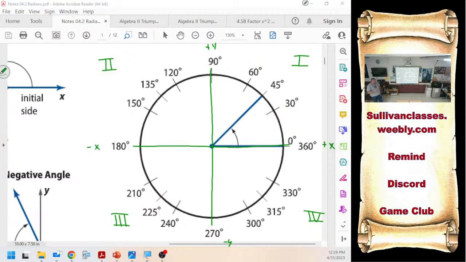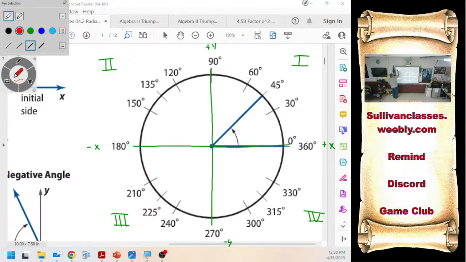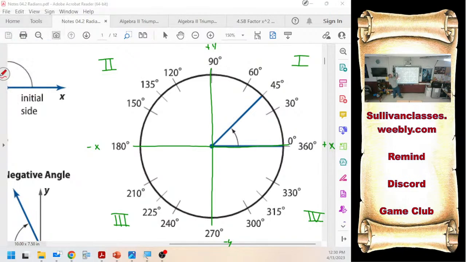It bothers some kids. There was a big old argument first hour about 0 should be at the top of the circle. Because we start off to the side here, the positive x-axis is considered to be standard position.